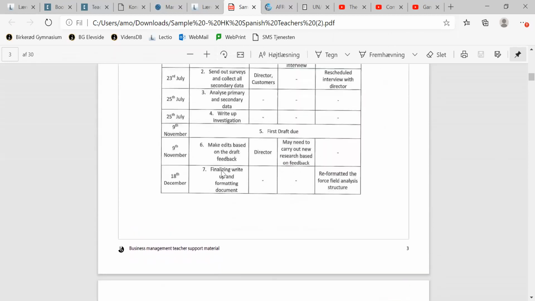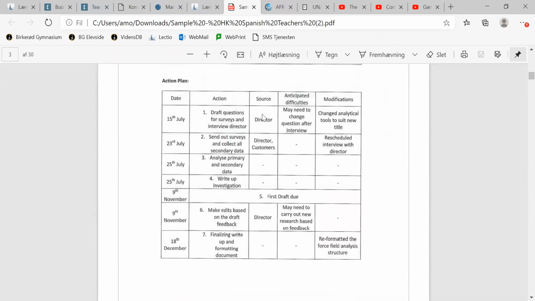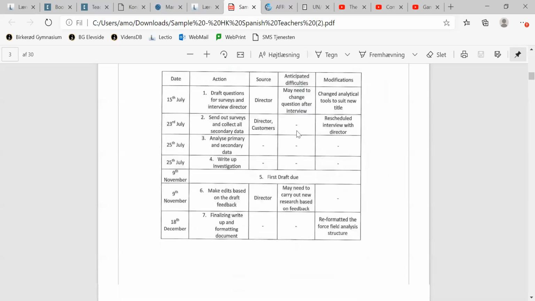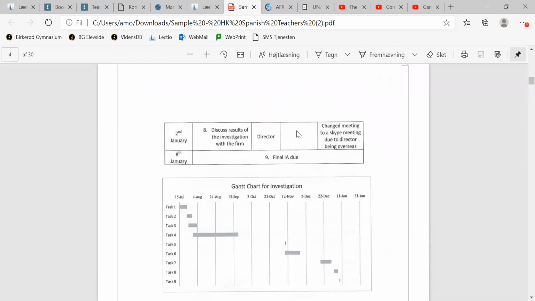Have an action, have the source, though it doesn't really apply to everyone. Maybe just have an action, anticipated difficulties, and modifications. So what are modifications? It's saying how you adjust your plan based on the difficulties and so on.